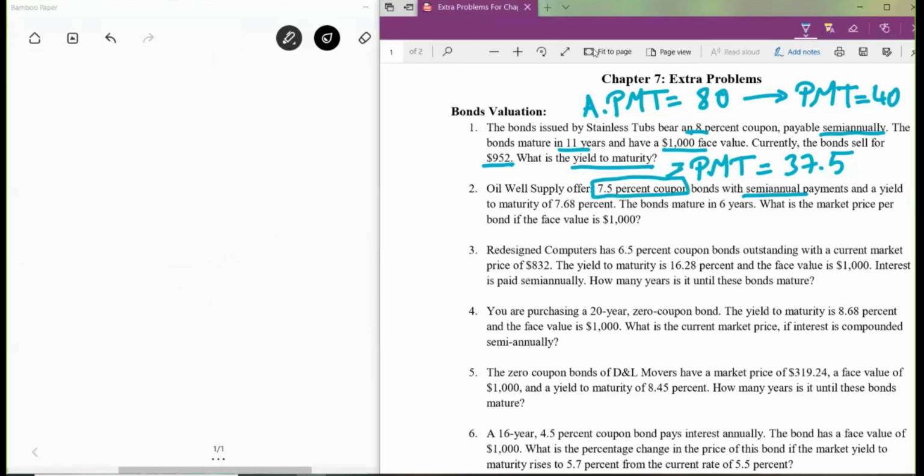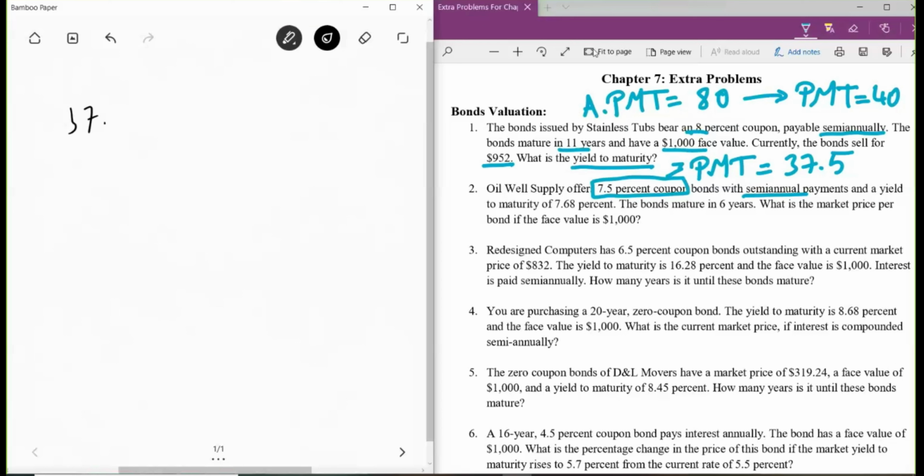So once again, I use my financial calculator. I have 37.5, this is PMT. 1,000, this is the future value. I have 7.68 yield to maturity. I need to find the semi-annual rate because I have semi-annual payments.